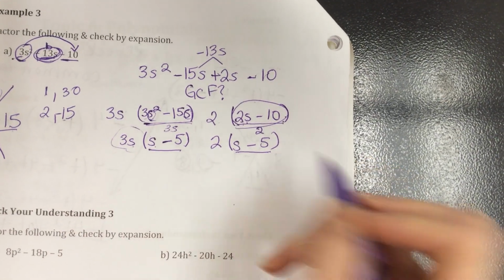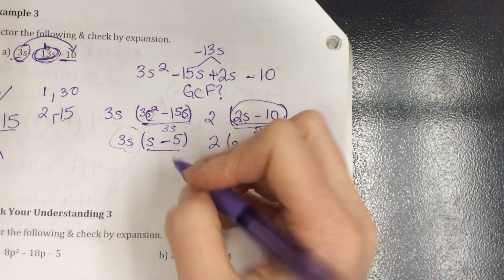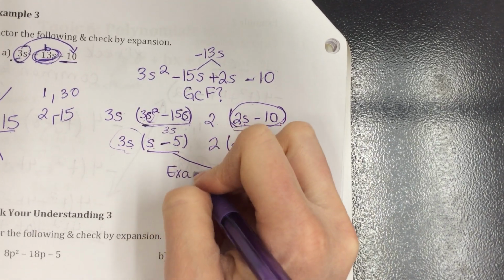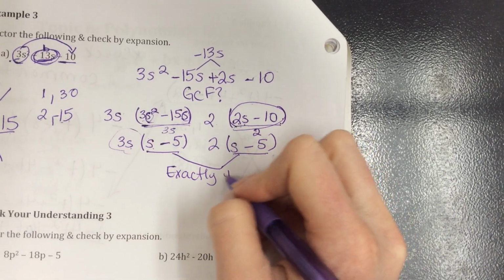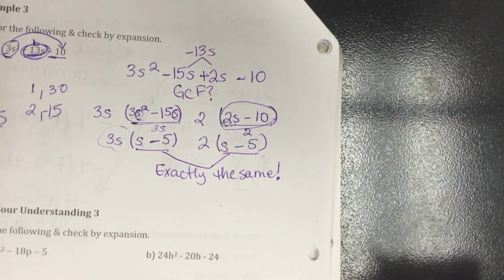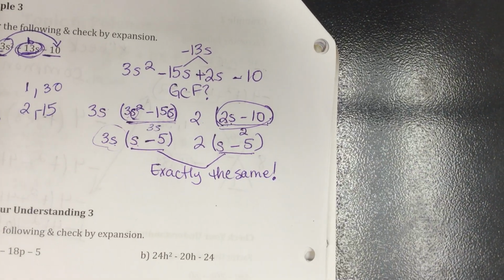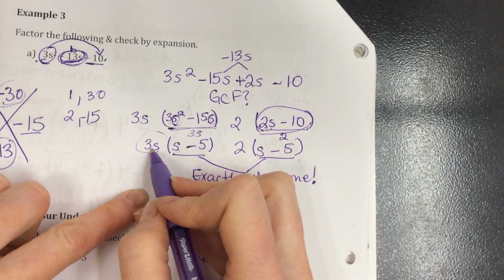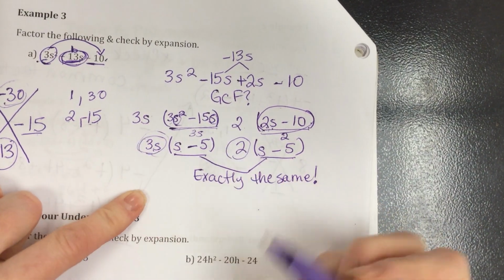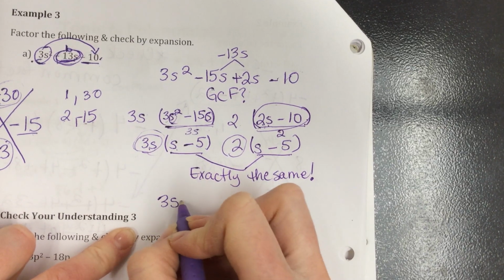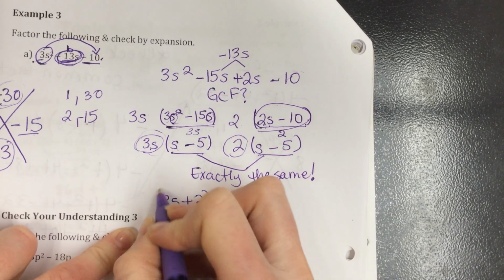These 2, when you pull out the greatest common factor, are exactly the same. So, what are our two binomials that we're left with that could be multiplied to get back to our original trinomial? We have this one and this one together. That makes one of our binomials. So 3s plus 2.